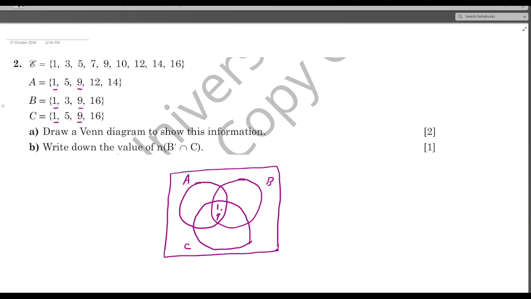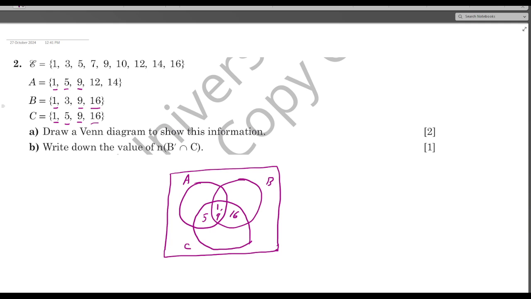Then in A I have 5, 12, 14. Now between A and B, if I see anything else common, so nothing common. Between A and C, 5 is common, so I will not write 5 here. 5 will go here, which is common between A and C. Then 16 is common between B and C, so 16 I will write here.